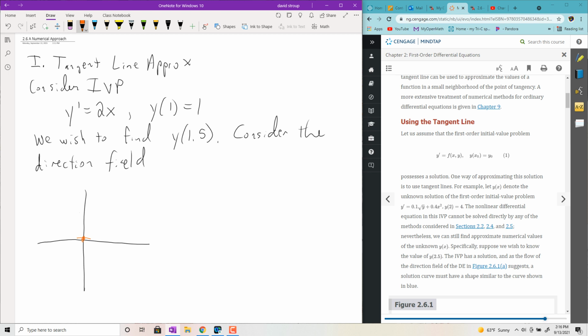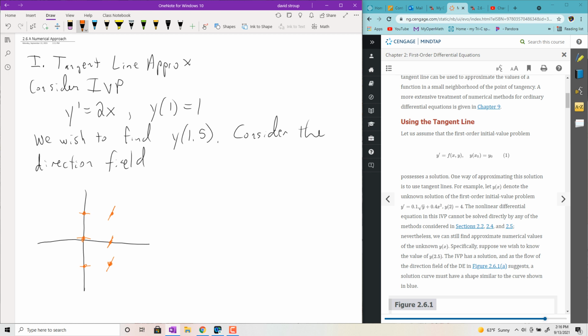At 1, it's 0. At -1, it's 0. At the point 1, it'll be 2, right? So here the slope will be 2, so up 2 over 1, kind of tilted like that. And then similarly here and here as well, because it's only dependent on your x value, not y.